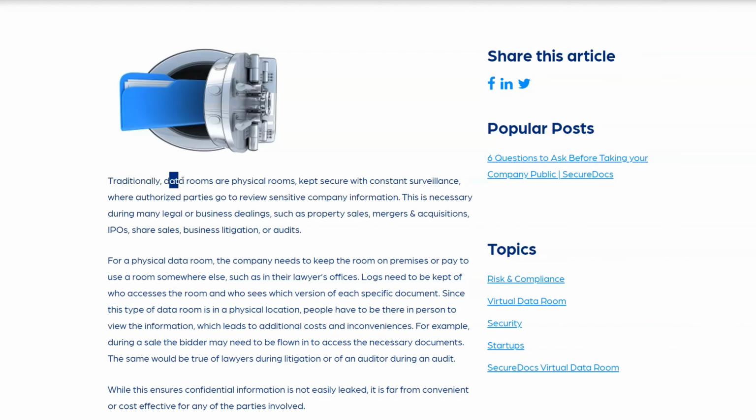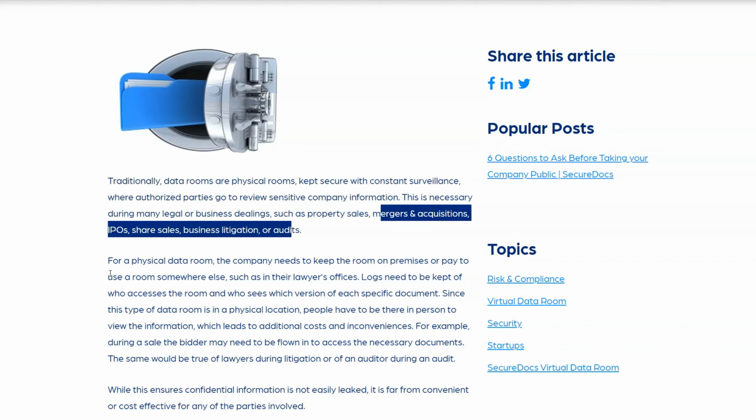Traditionally, data rooms are physical rooms, kept secure with constant surveillance, where authorized parties go to review sensitive company information. This is necessary during many legal or business dealings such as property sales, mergers and acquisitions, IPOs, share sales, business valuations, or audits.